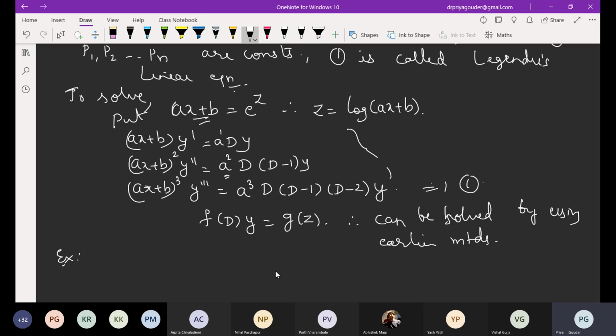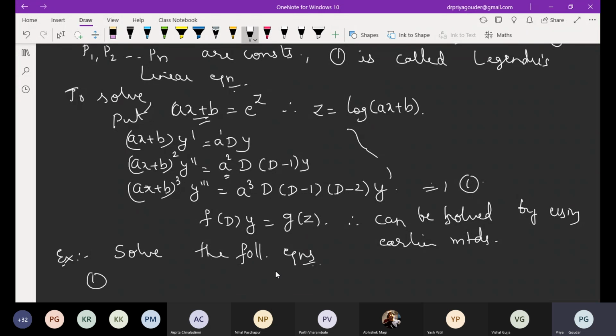Let me start with examples. Examples are very simple, and you can expect one question from Cauchy's and one question from Legendre's. Solve the following equations.